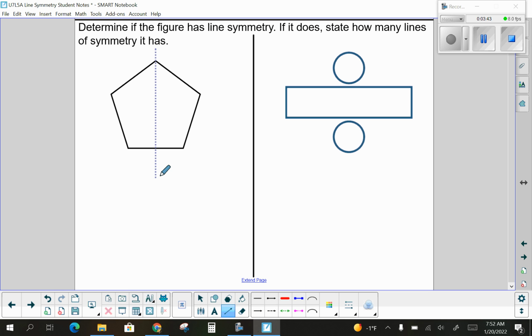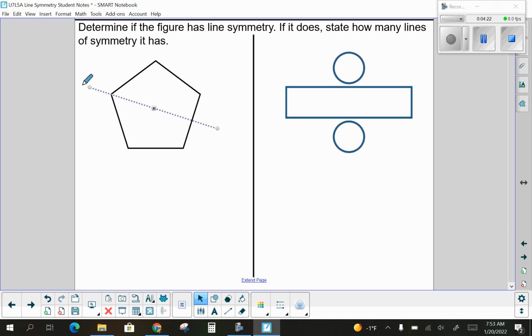Now you'd have to play with your pencil or your line, laying it across the figure to see if there's more. What if we move this line and it went this way instead? We have another line of symmetry. Or if we go from this peak to here, we have another line of symmetry.